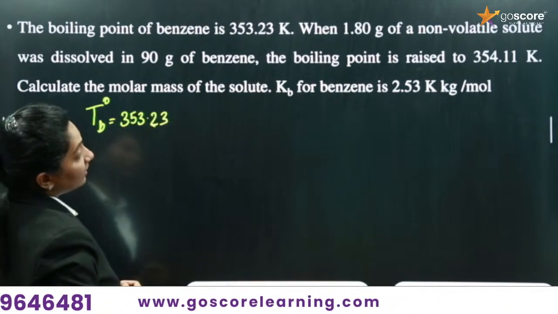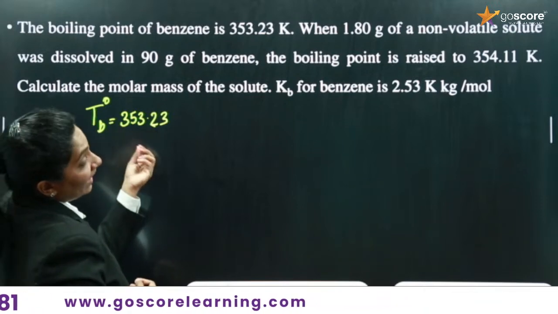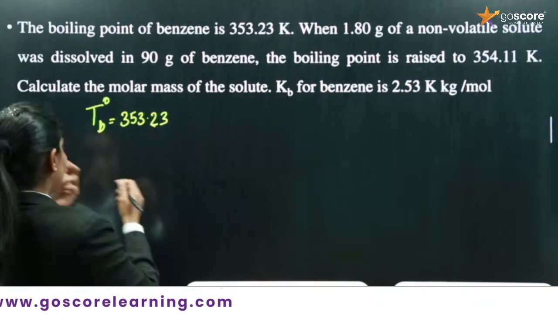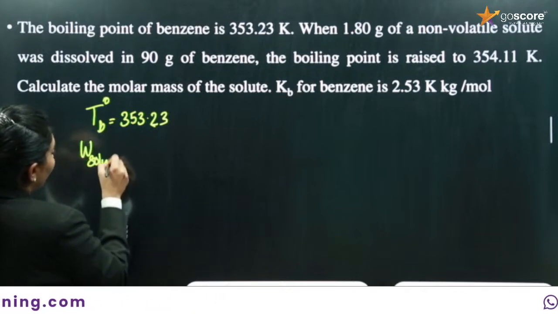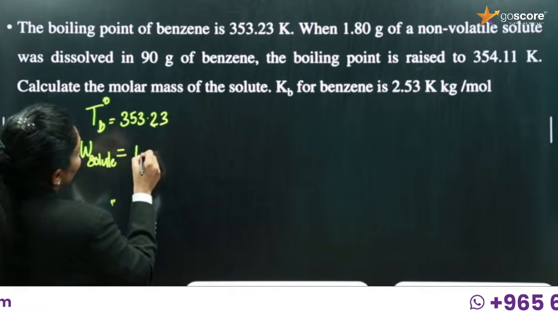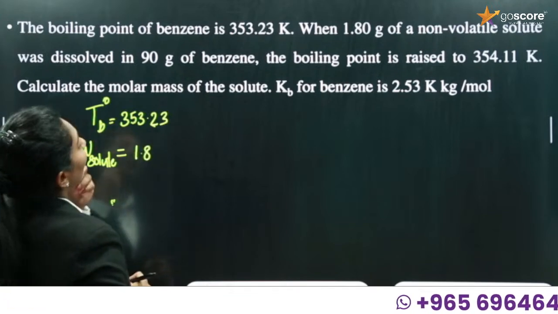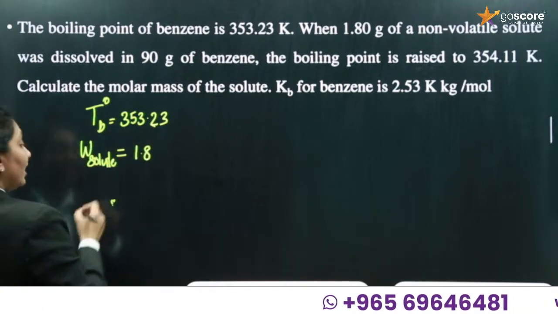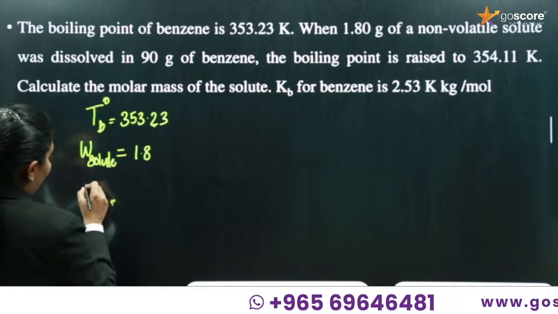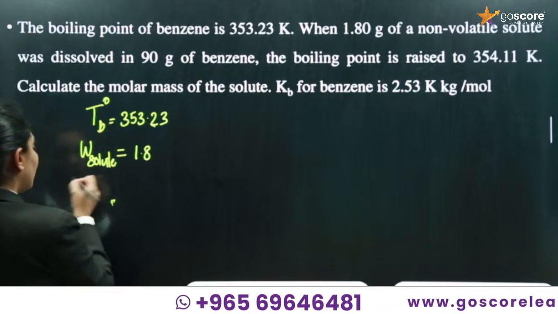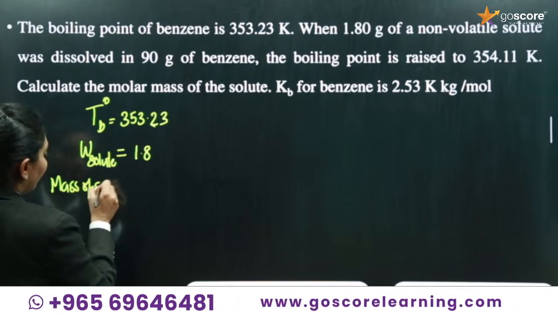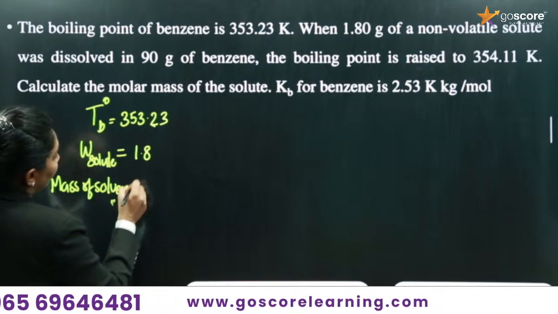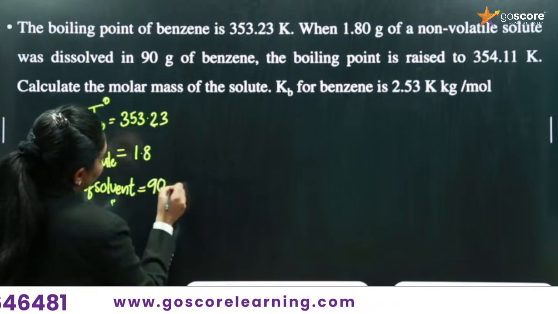When you add 1.8 gram of a non-volatile solute, that is the mass of solute, it is given as 1.8 gram, and you dissolve it in 90 gram of benzene, that is the mass of the solvent. Mass of solvent is equal to 90 gram.